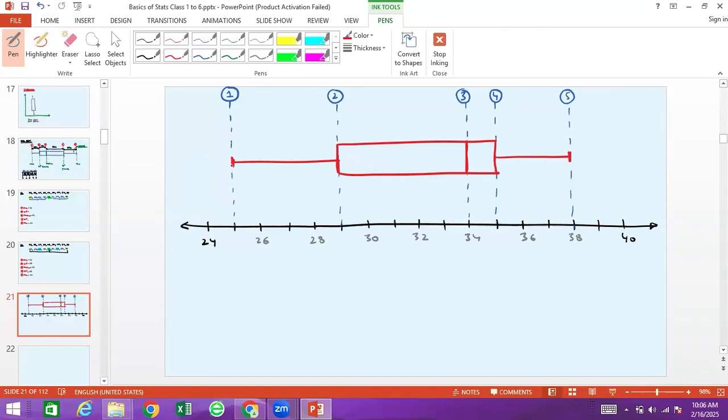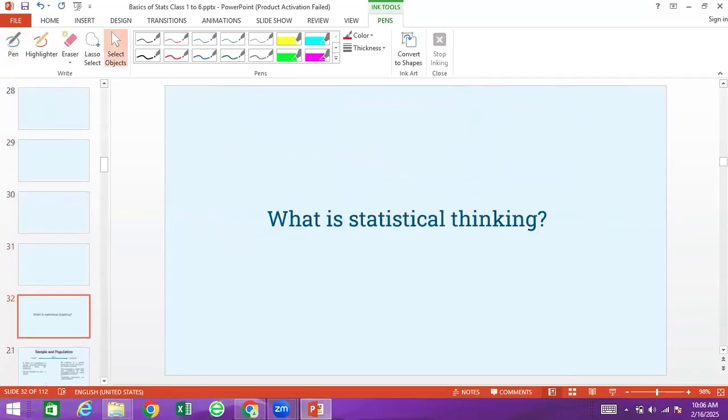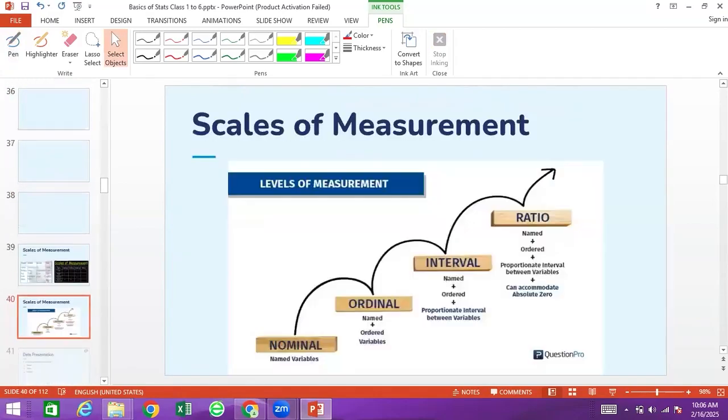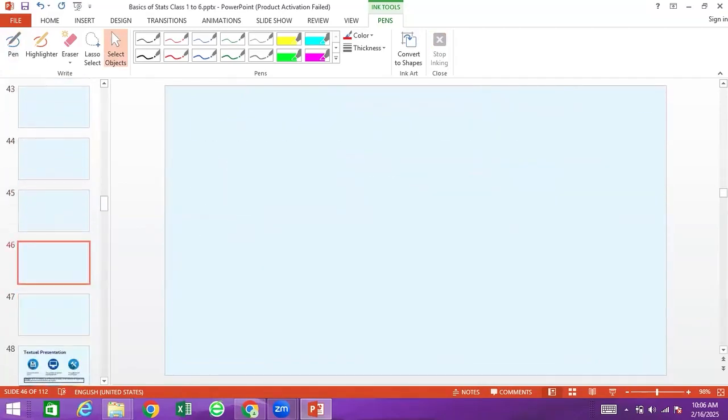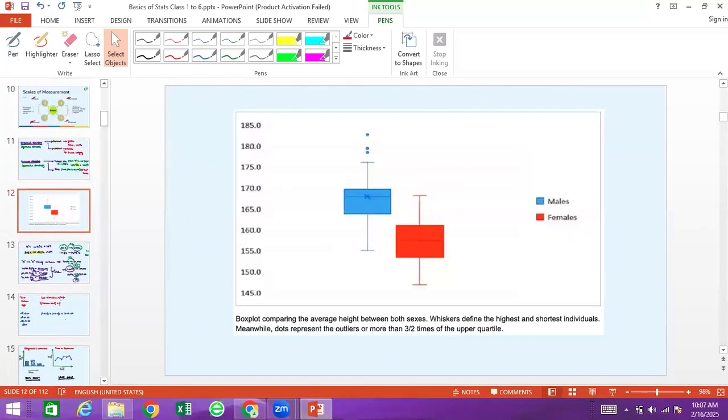Okay, it means that this is the minimum value, this is the 25th percentile, this is the median value, this is the 75th percentile, and this is the maximum value. Box plots are very extensively used if you want to compare two distributions.